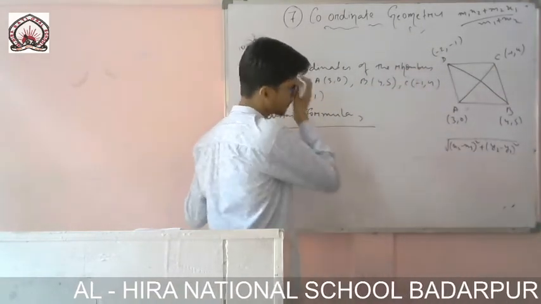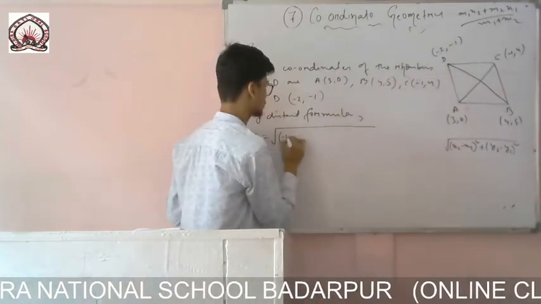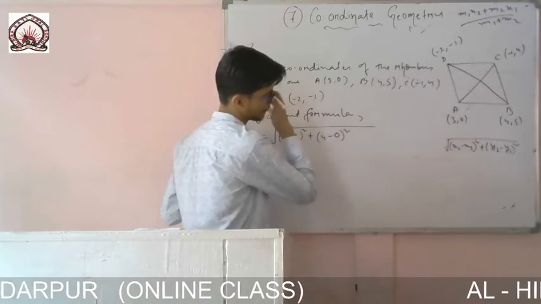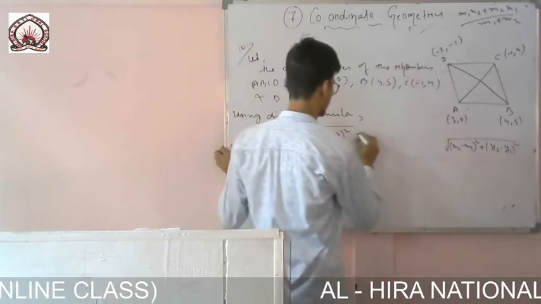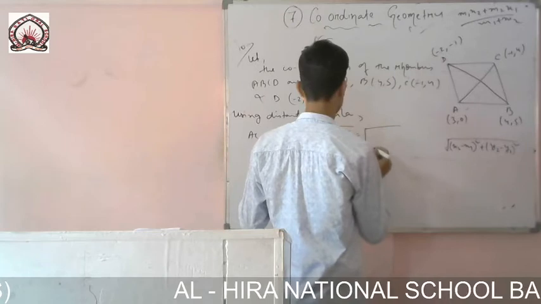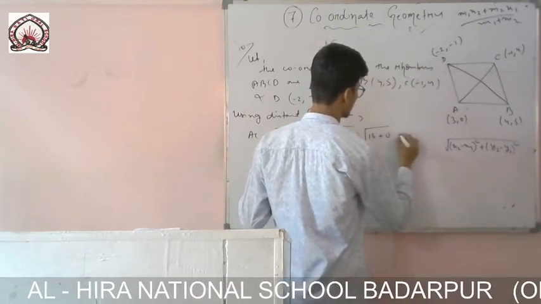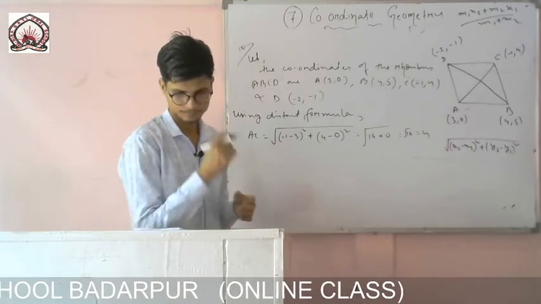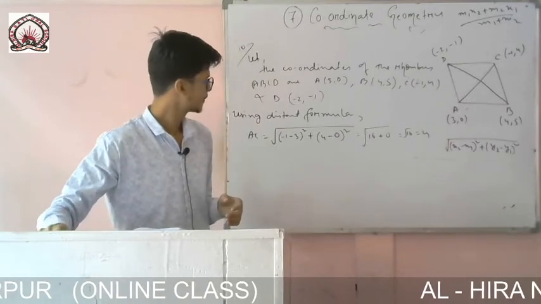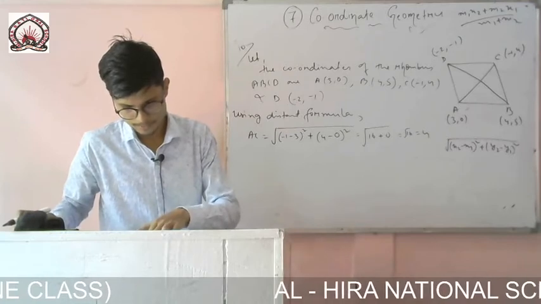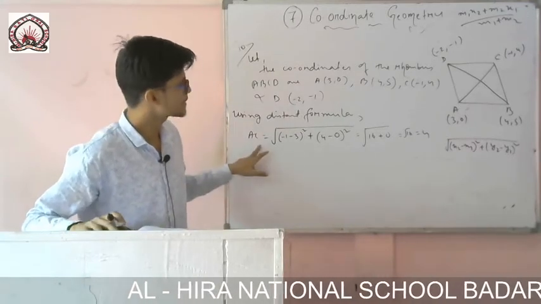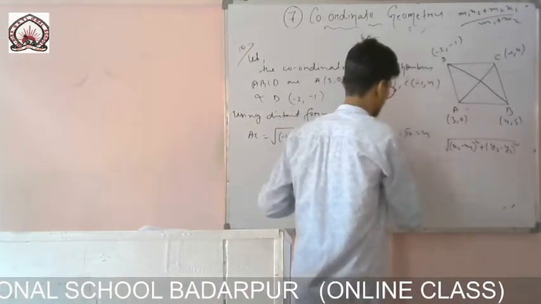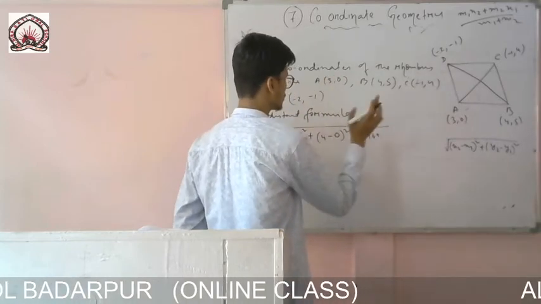So AC will be root over (x2 minus x1) whole square plus (y2 minus y1) whole square. Taking x2 as -1 and x1 as 3, and y2 as 4 and y1 as 0: it is (-1 minus 3), that is -4 squared, which is 16, and then (4 minus 0) is 4, 4 squared is 16.